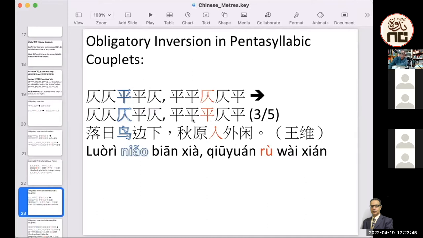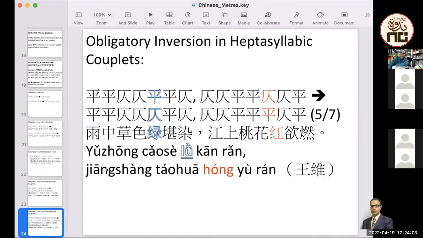So actually he changed only the first line, not the second line. This is called the half inversion, when just one line of the couplet is changed. I'll give you an example of it soon.